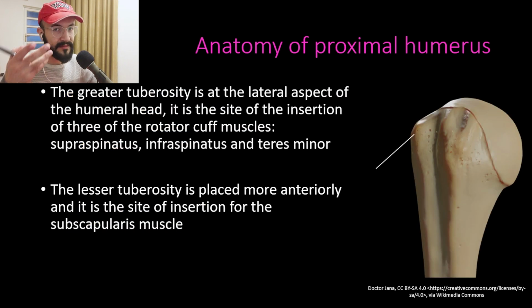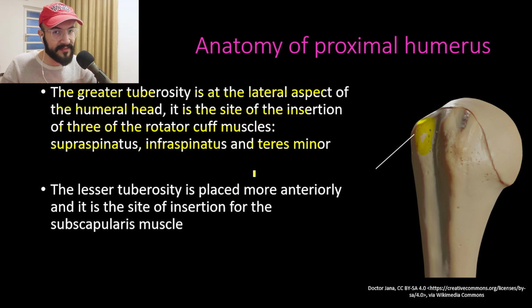After that come the tuberosities. We have the greater tuberosity, which is at the lateral aspect of the humeral head and is the site of insertion of 3 of the rotator cuff muscles: the supraspinatus, the infraspinatus, and the teres minor. And this is the greater tuberosity.